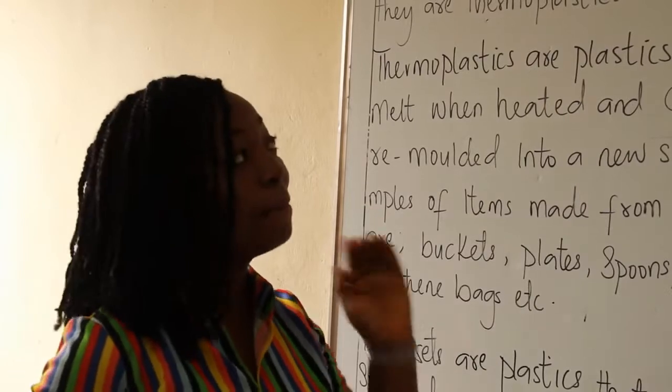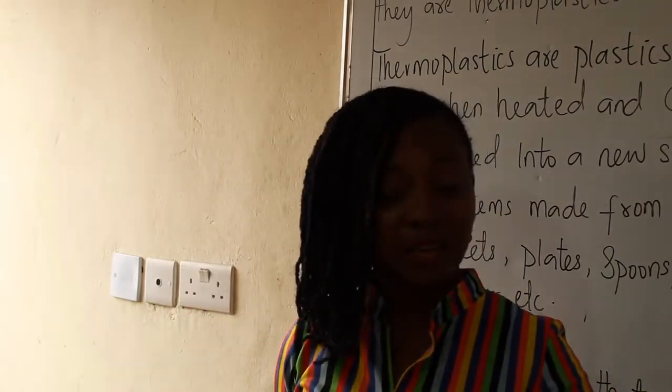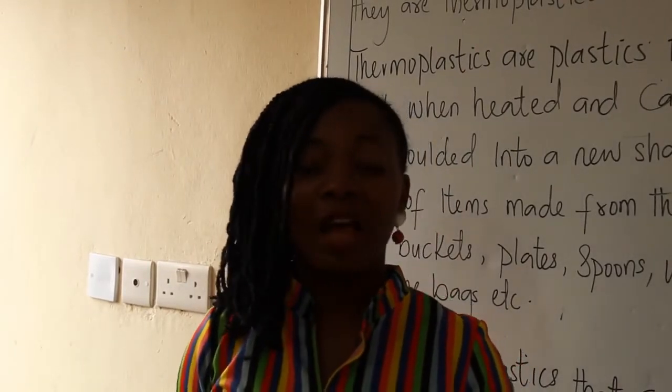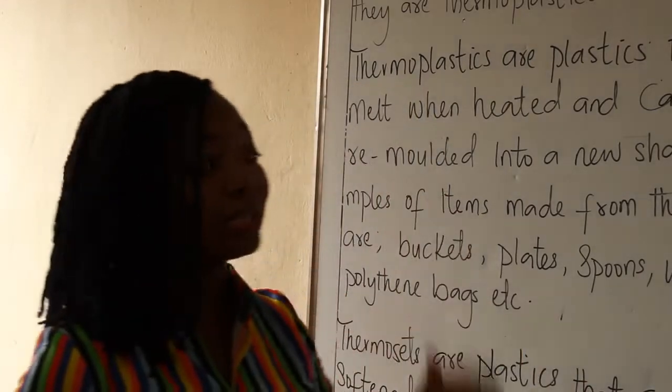Plastic is gotten from petroleum. Remember, when we refine petroleum, we get our diesel, petrol, kerosene, and the end product, after we've extracted all of this, we can use in making plastics.